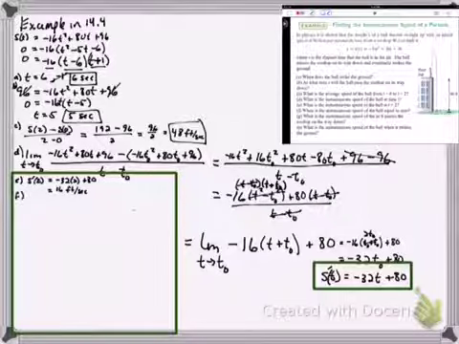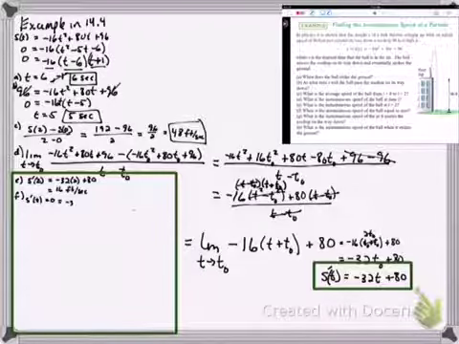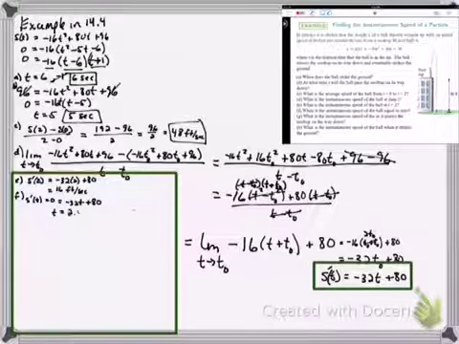And then F asks, when is this going to equal 0? When's the instantaneous velocity going to equal 0? That will be just setting the negative 32t plus 80 equal to 0. You end up with t equaling 2.5 seconds.